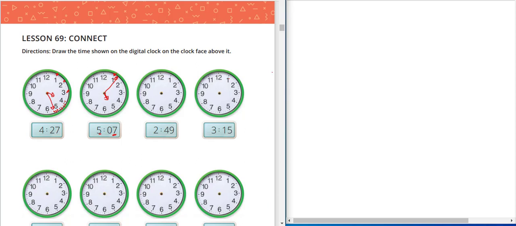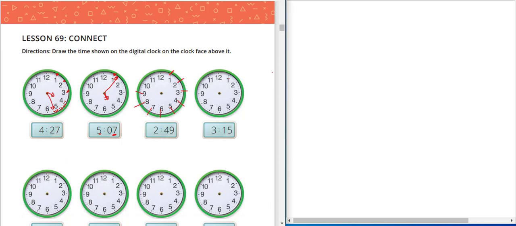Next we have 49 past 2. Skip count by 5: 5, 10, 15, 20, 25, 30, 35, 40, 45.